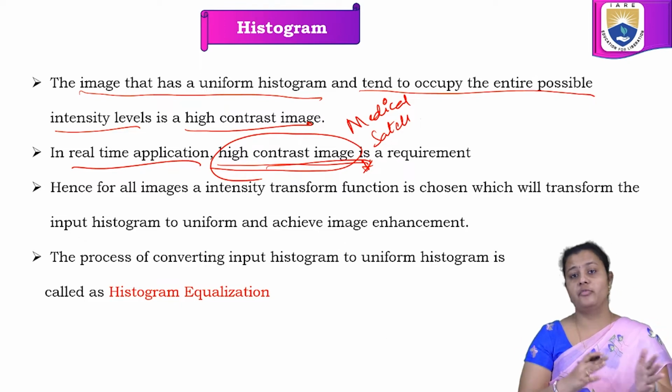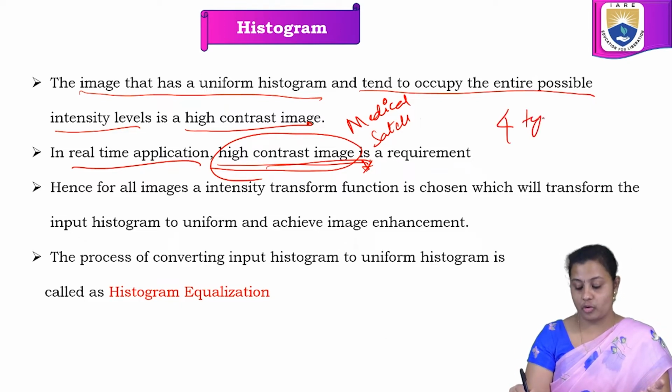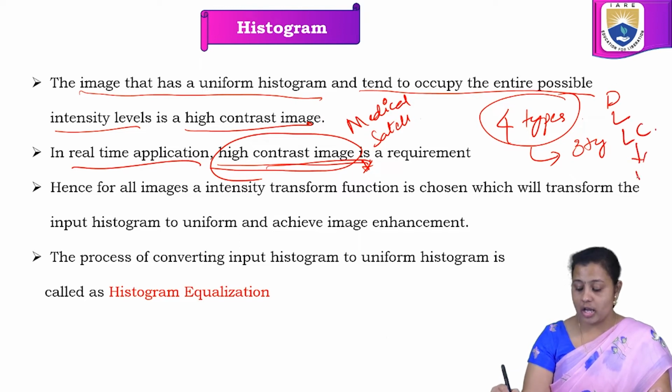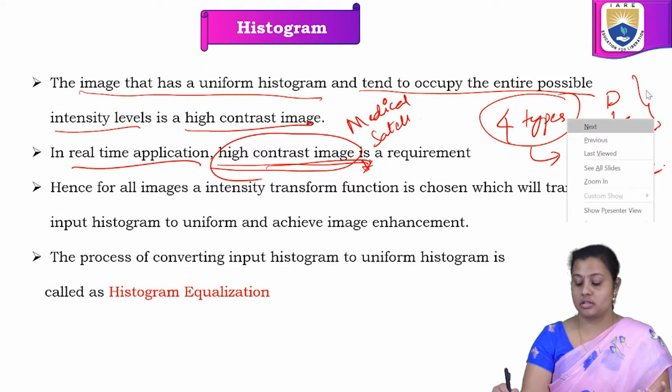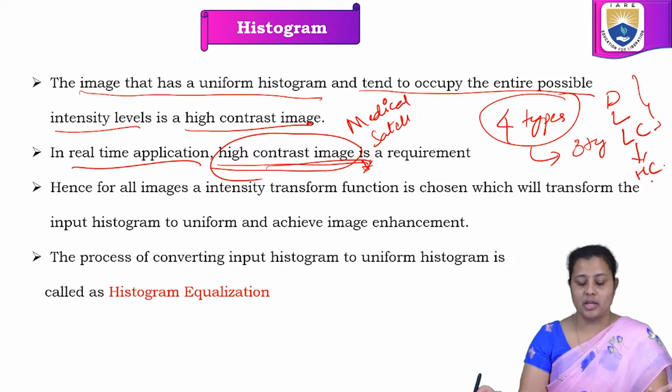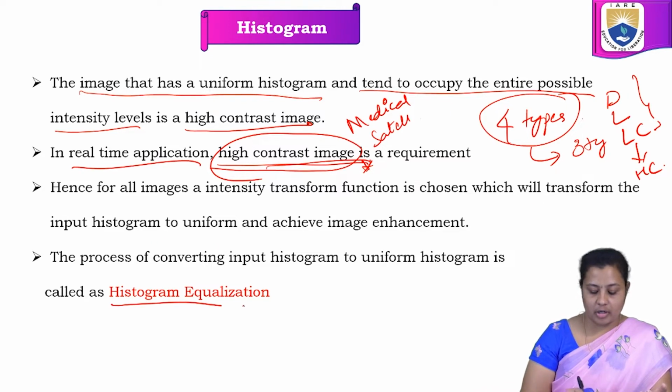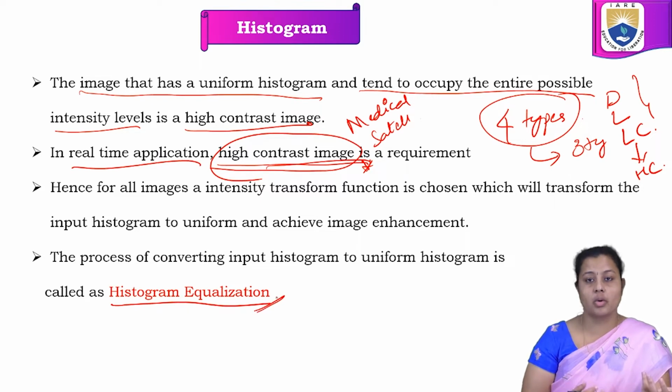So if we have the four types of histogram, we need to convert the three types, which are the dark image, light image and low contrast image, to a high contrast image. This conversion is achieved using histogram equalization.